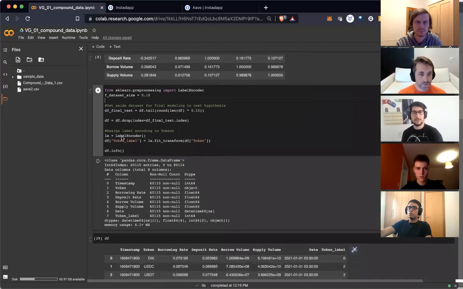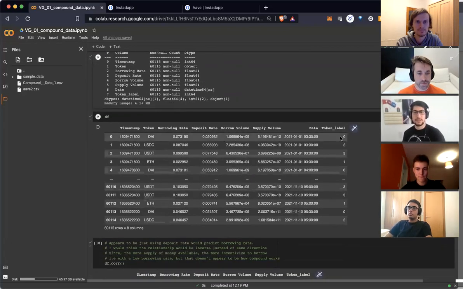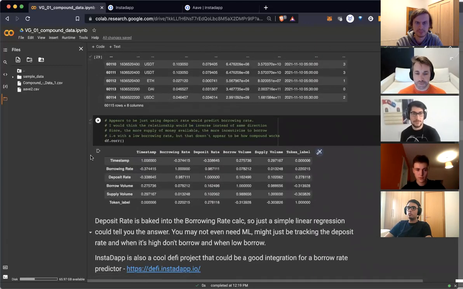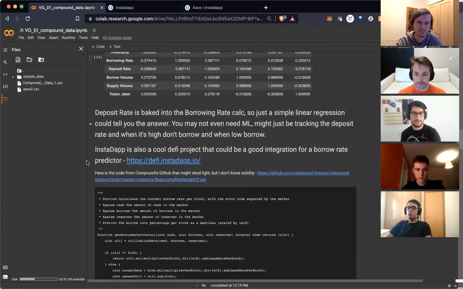So then I apply a label encoder to the token so that each line still has ingrained in it what the token is. That way you're able to see if behavior between tokens is related to one another. And then there's just another correlation plot.